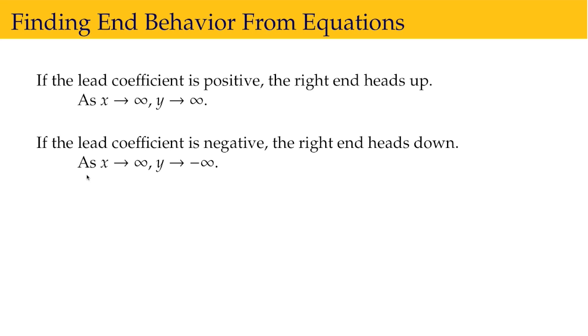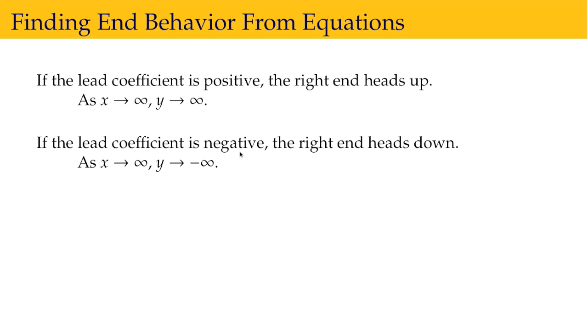And this lets us conclude, as x approaches -infinity, y approaches -infinity. So now it's very easy to tell what the behavior of the right end of the function is just by looking at the lead coefficient.